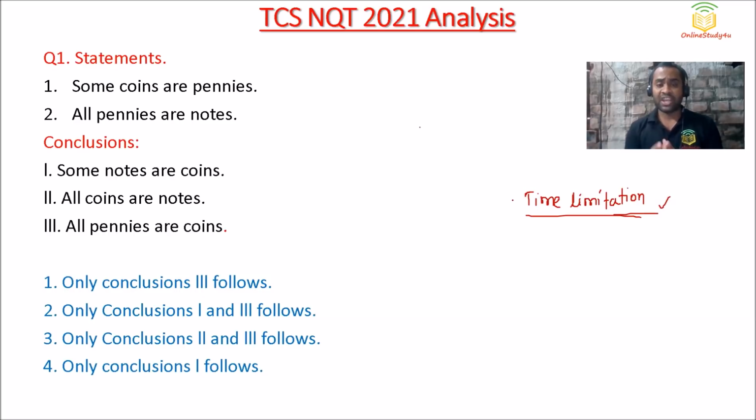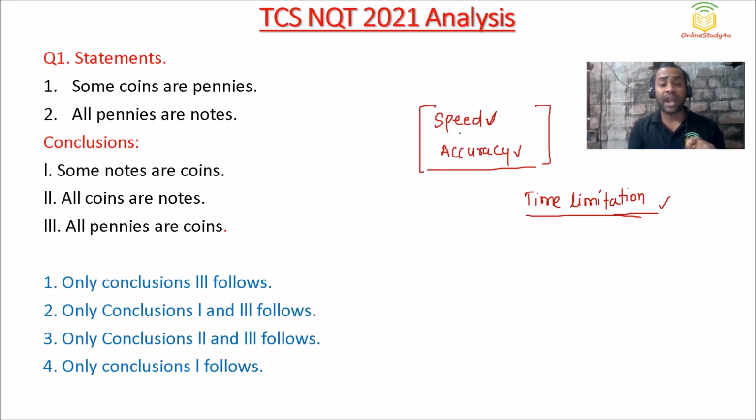So friends, if you want to crack the TCS examination, then two things play a very important role: speed and accuracy. Because when your speed is more, definitely your accuracy will reduce, so we need to maintain both. And how will you get speed? You'll get speed only when you know the shortcut methods to solve the questions and when you have done enough practice.